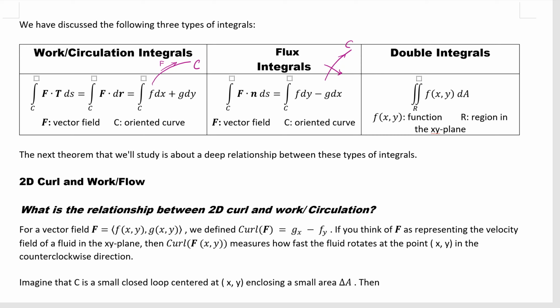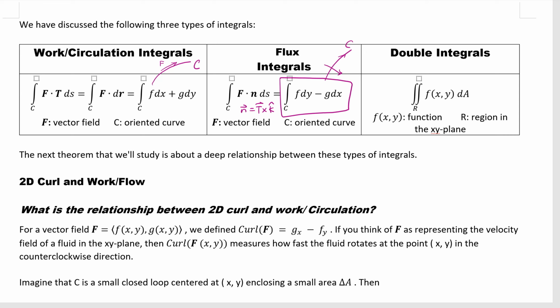So how we calculate, we use F dot n, where n is the normal vector. But usually we use this formula to calculate: F dy minus g dx.